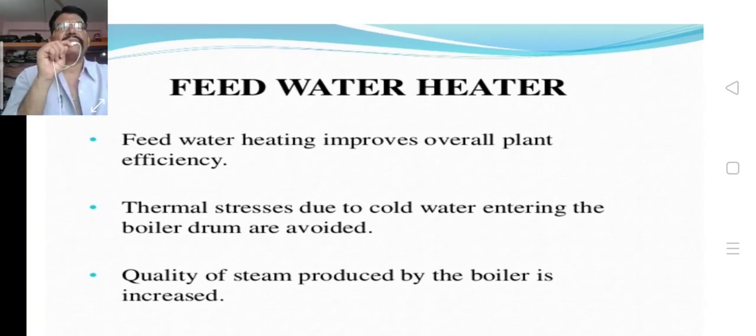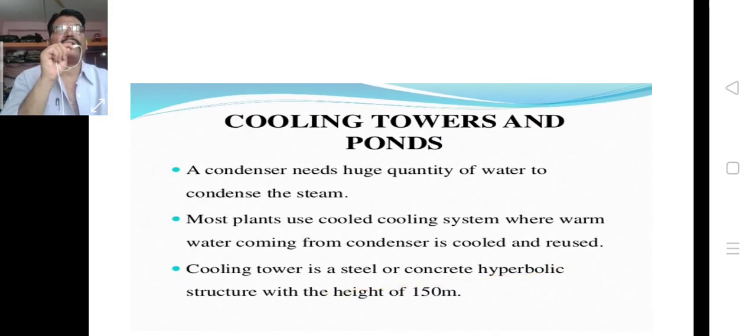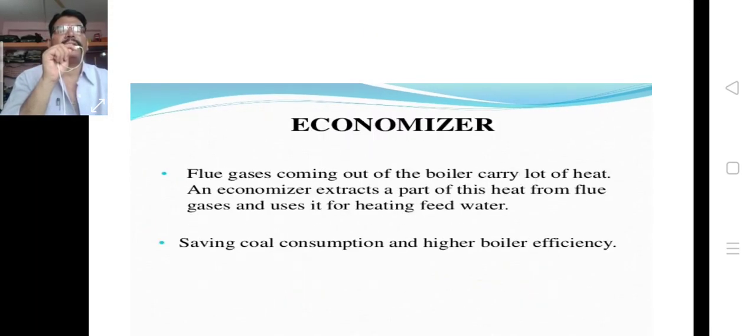So next is the feed water heater. Feed water heating improves overall plant efficiency. Thermal stresses due to cold water entering the boiler drum are avoided. Quality of steam produced by the boiler is increased. That is the function of the feed water heater.